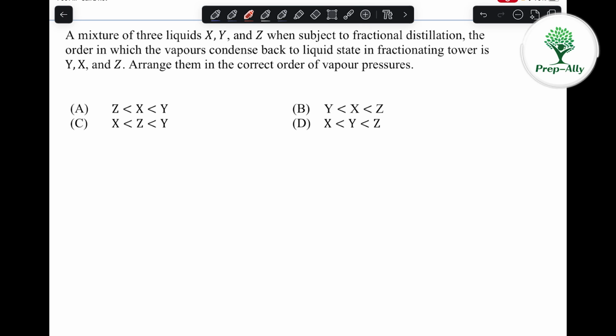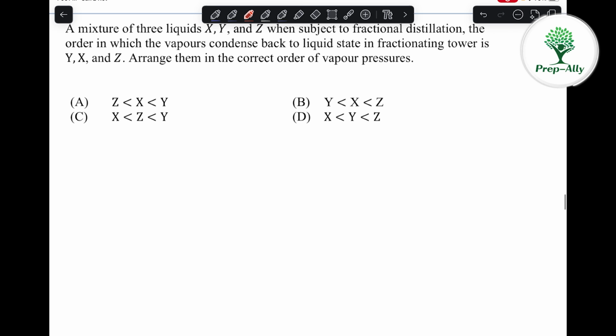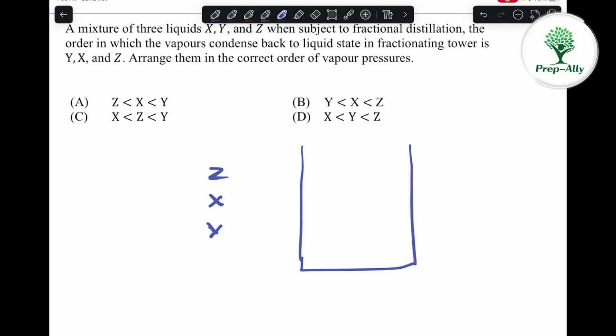A mixture of three liquids X, Y and Z is subjected to fractional distillation. The order in which the vapors condense back to liquid state in the fractional tower is given: Y is going to condense first, and then X, then Z. So I can consider this is a pot, and this is where the fractional column is.